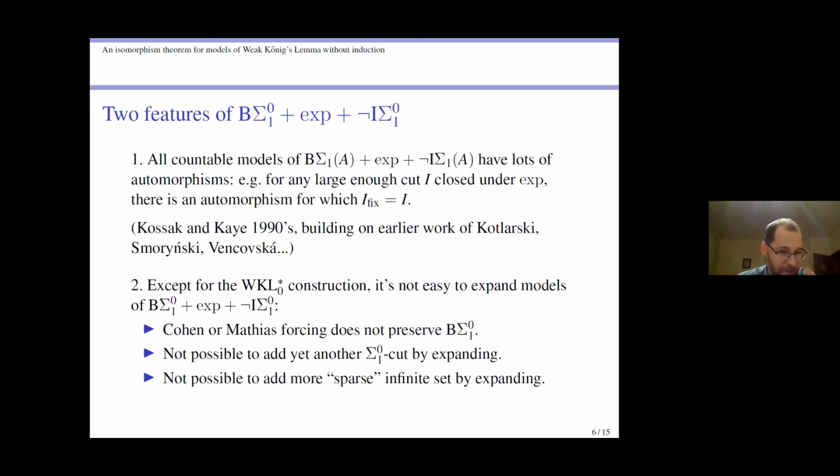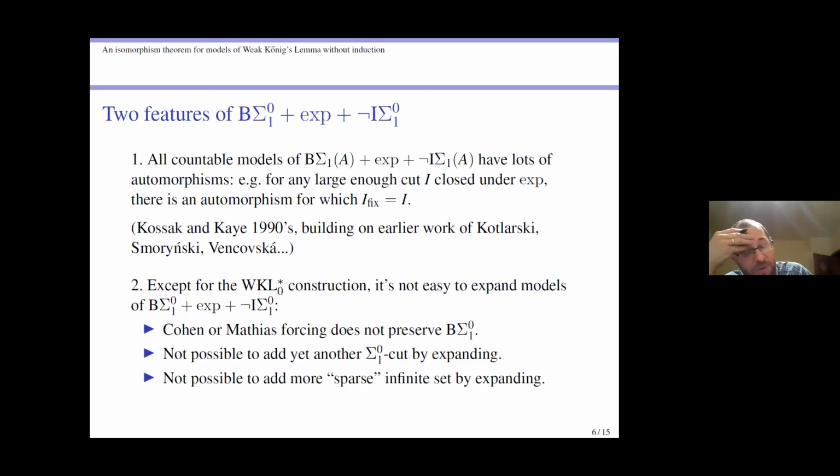So in the process of trying to reprove Towser's result for collection, Towser's proof went by expanding models. We tried to see what sort of things you can satisfy by adding sets to the second order parts of these models, and we were failing at each step basically.